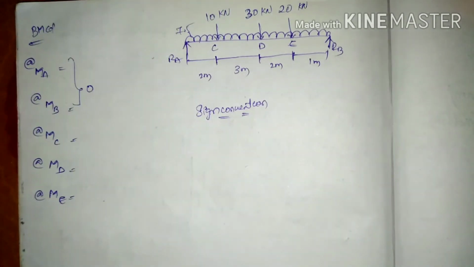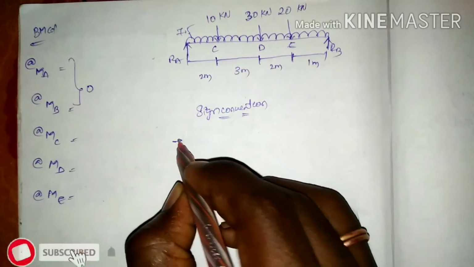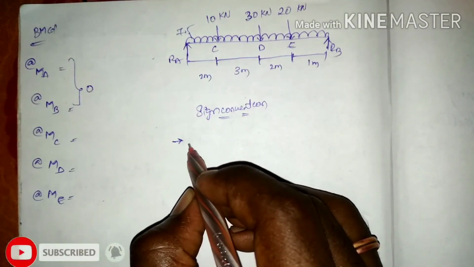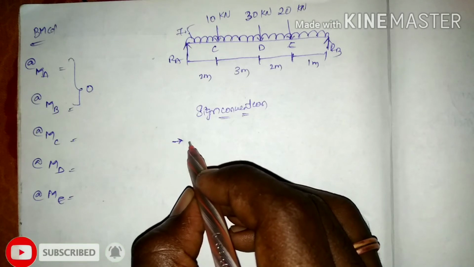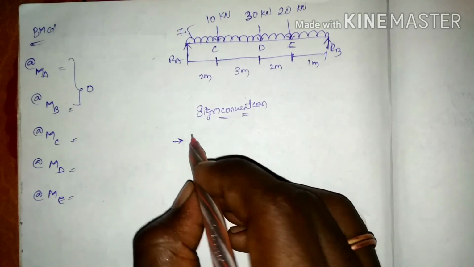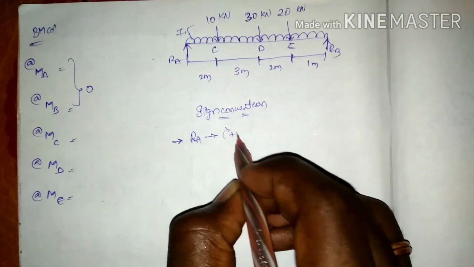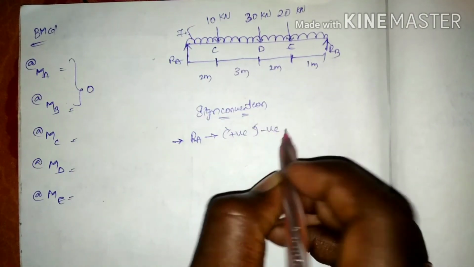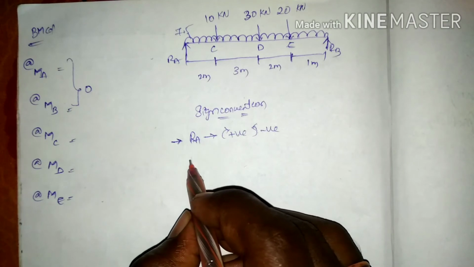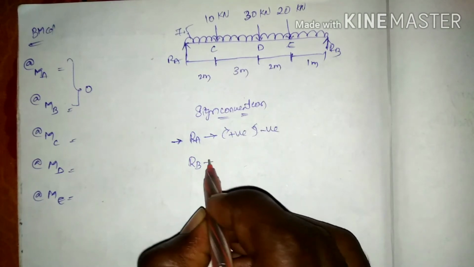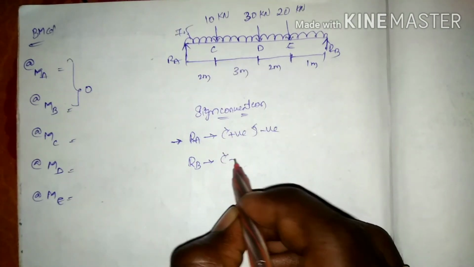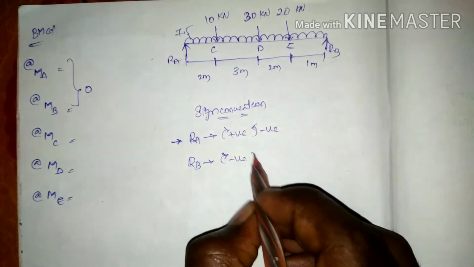Then we are only finding the moment about C, moment about D and moment about E. Here we are having a sign convention that if I want to take the moments from RA, I am having clockwise as positive, anti-clockwise as negative. If I want to take the moments from RB, I am having clockwise as negative, anti-clockwise as positive.